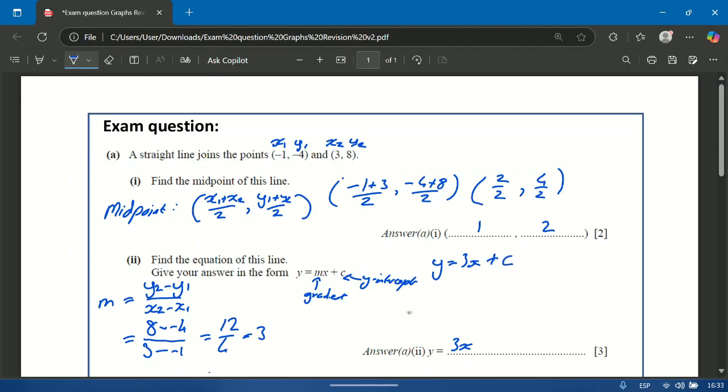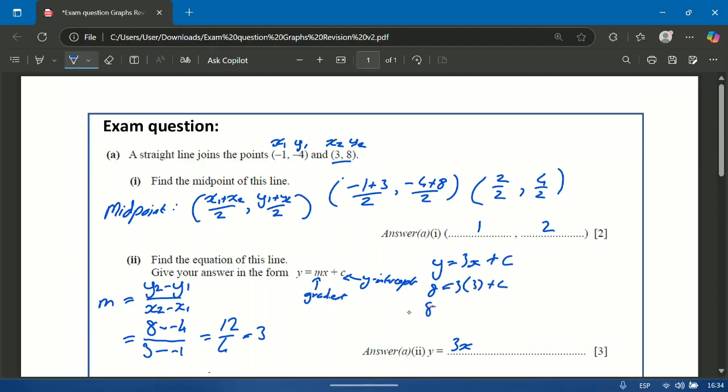We do have x and y values. We got there a minus 1 and a minus 4, and we got there a 3 and an 8. So we can take any one of these x and y values. Probably easier to take the positive one. So let's do that. You see, y is 8, so we change this y for an 8. And x is 3, so we change this x for a 3.